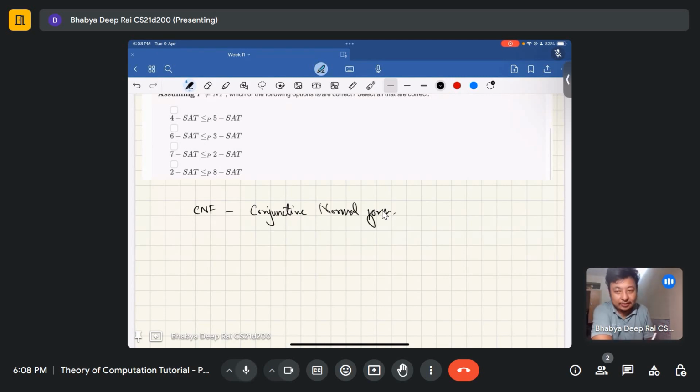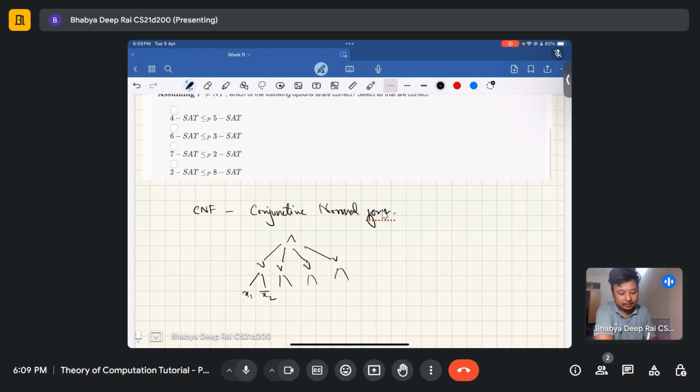A formula is in conjunctive normal form means that there is an AND gate on top and there are OR gates below. The first level consists of a single AND gate, the next level consists of OR gates, and the bottom level consists of literals. What are literals? Literals are either variables themselves or their negated counterparts.